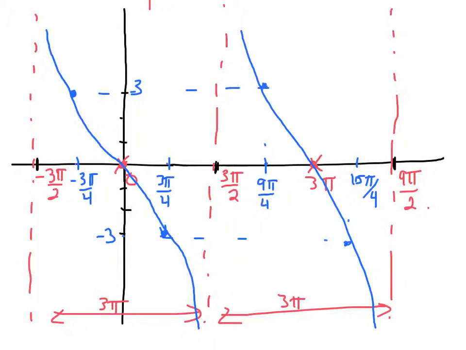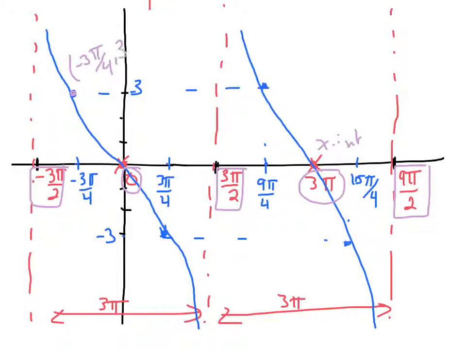So the points we need to label are, the asymptotes are important. Those are your asymptotes. The x-intercepts are going to be the 0 and the 3 pi. Those are your x-intercepts. This point right here, we have to label as negative 3 pi over 4, comma 3.